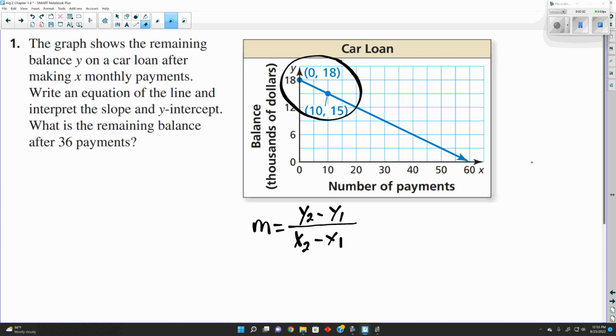Now the y values for this here are what? So we can do 18 minus 15, or we could have done 15 minus 18. Whichever one we choose, we have to make the x values correspond to it. Since I chose 18 first, 0 minus 10.